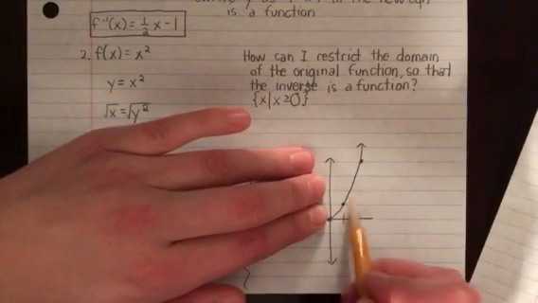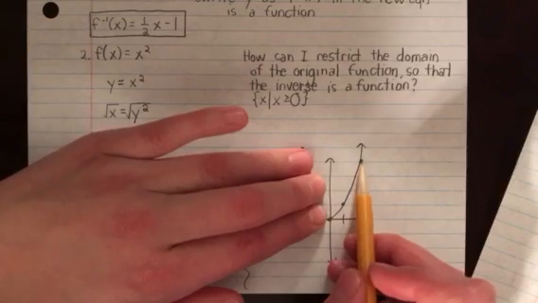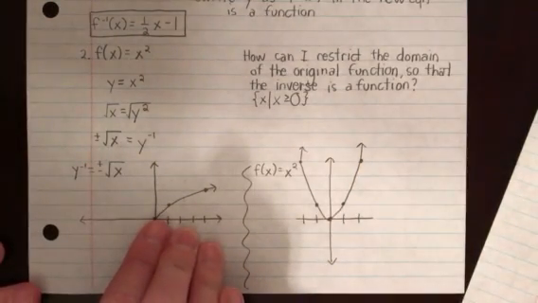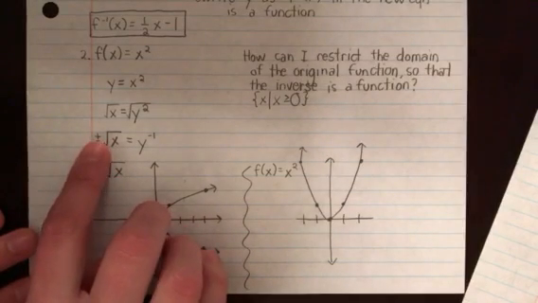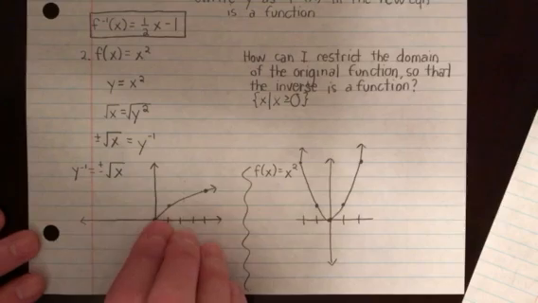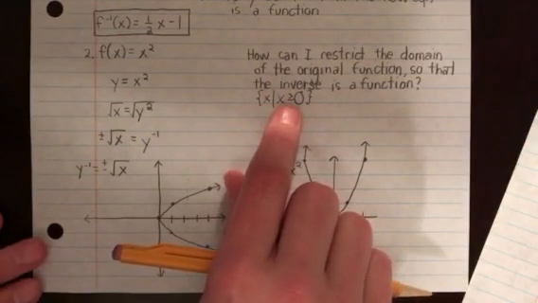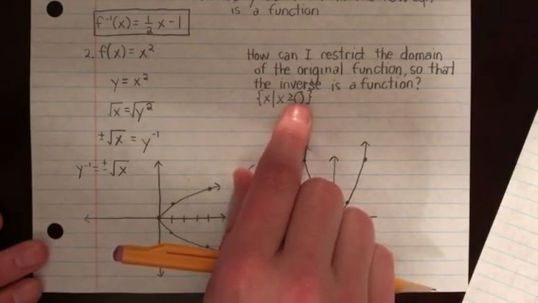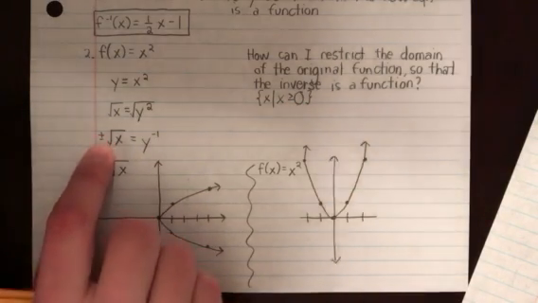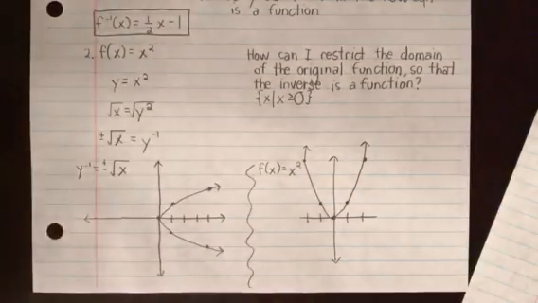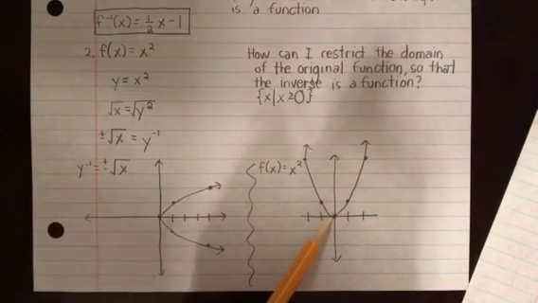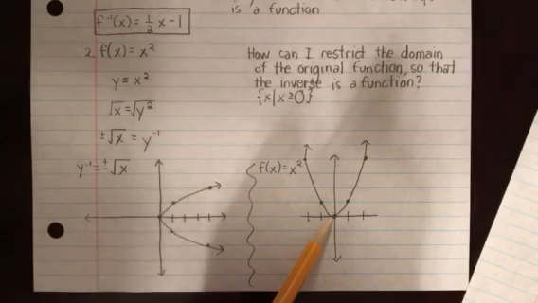Well, yeah, because the only points I would switch would be these two, so that would actually produce only the top half of this graph. So when I take the square root here and I bring in the plus or minus square root of x, what would happen is we'd say, well, whoa, you restricted the domain to be x is everything greater than or equal to 0. So that means you wouldn't be able to bring in the plus or minus, you'd only bring in the plus. So yes, you can restrict this graph to make the inverse a function.